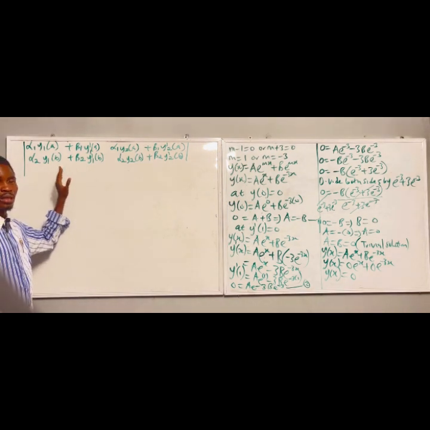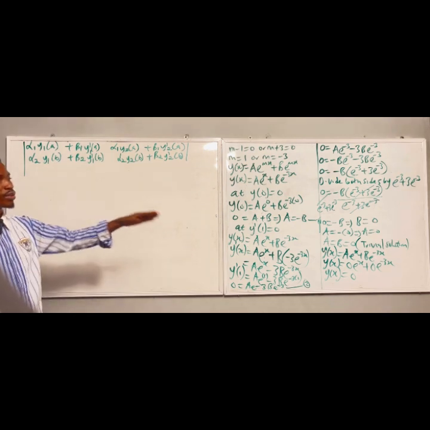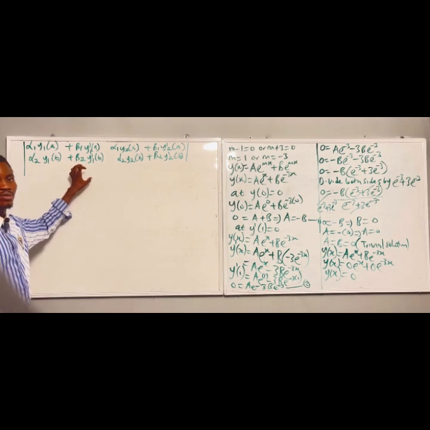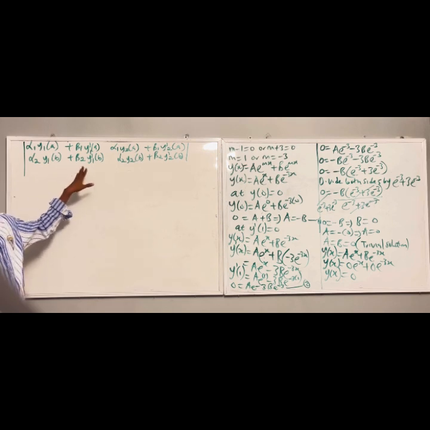If this gives us only the trivial solution, it means the solution is y of s equal to 0. We are going to find the real constants alpha and beta.